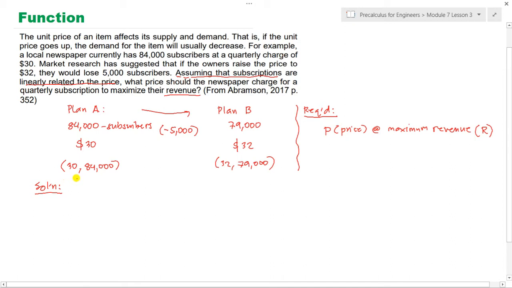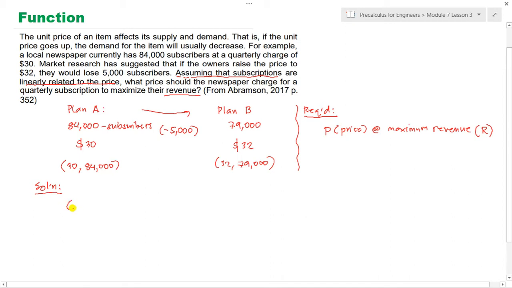So the first condition is what we drew, plan A and plan B. The next is, from these conditions, assuming that subscriptions are linearly related to the price, we should find the relationship between them.